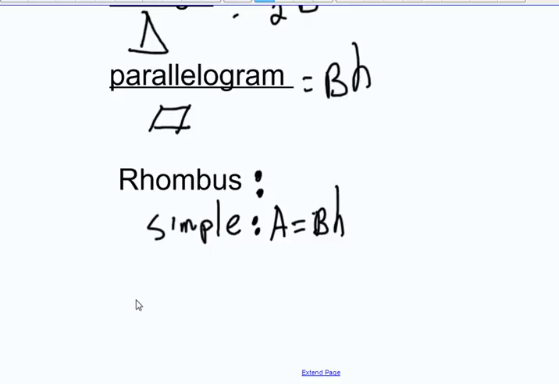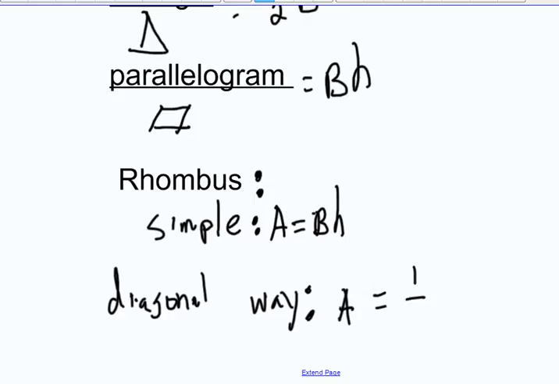But if I have the diagonals, I use the diagonal way: area equals half of D1 times D2.